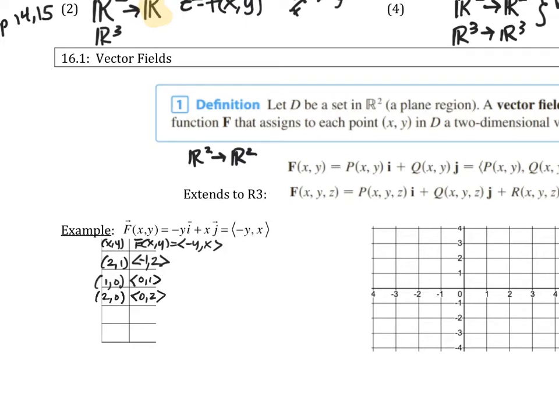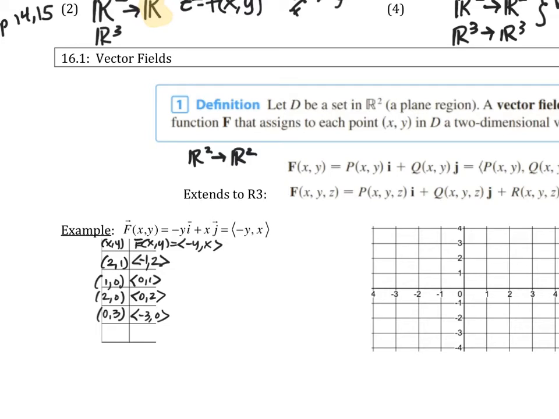If I put in, say, 0, 3, then we'd get negative 3, 0. I'm getting the feel for the pattern. What are we doing each time? We're taking these two and switching their locations and putting a minus with that component. Kind of makes it easier if you see it that way.